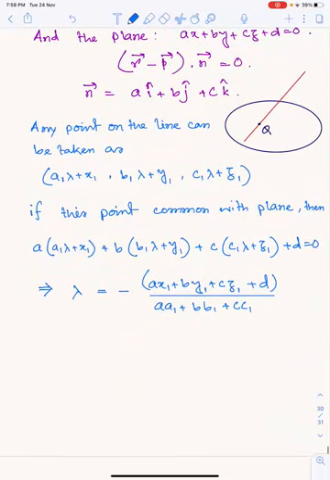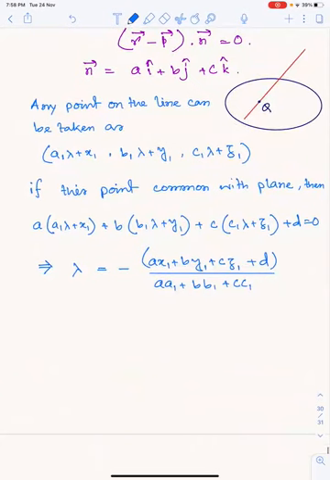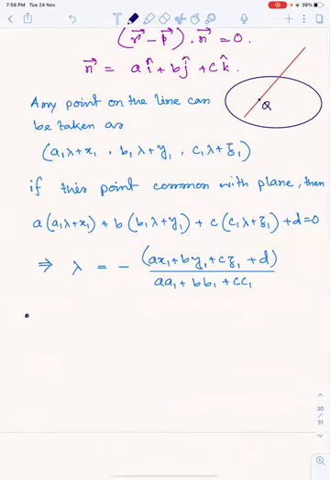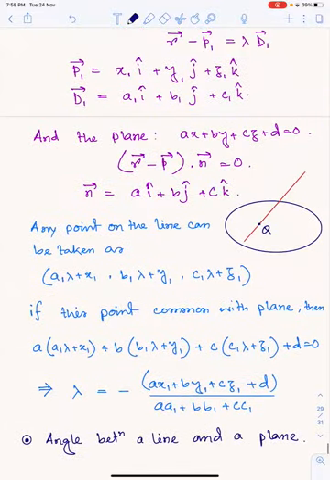The next idea is the angle between a line and a plane. So already with the line, we do have a direction.